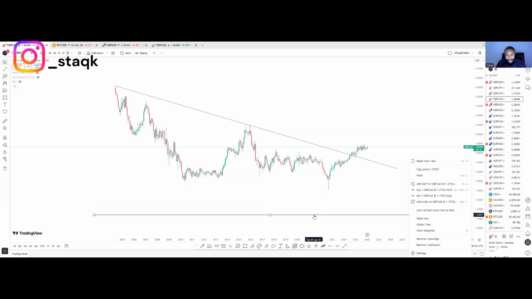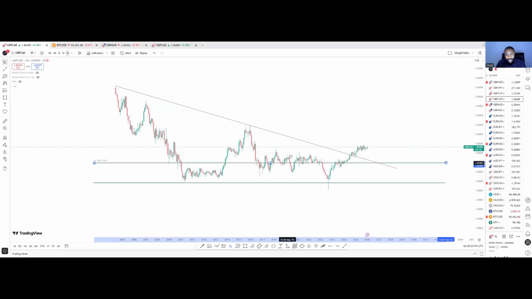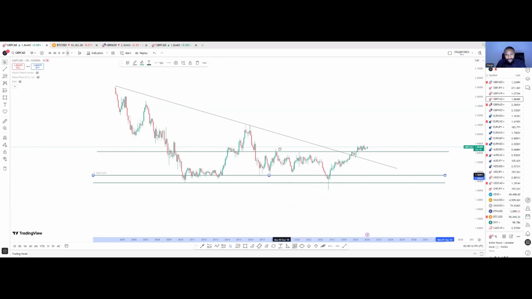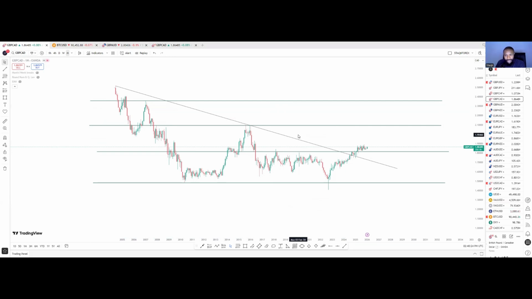Let me just draw my supports. We have a support here, then we have a breakout and retest on this level, then we have another resistance here, another resistance here. So this is what I'm going to do on the monthly time frame for now.